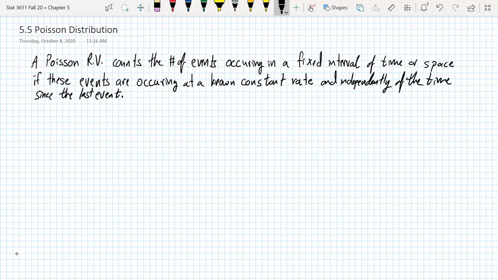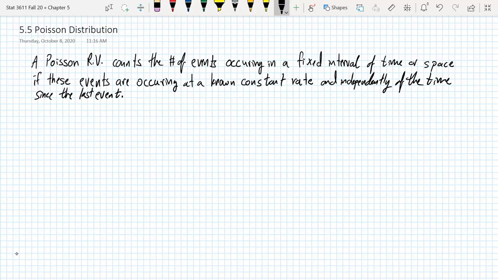Sort of like, Poisson is French. The origins involve counting the number of fish. I believe Poisson is French for fish or something close to that. You might think about if you've ever gone fishing on a lake, that the number of fish you catch in any hour is independent of the time since the last event.